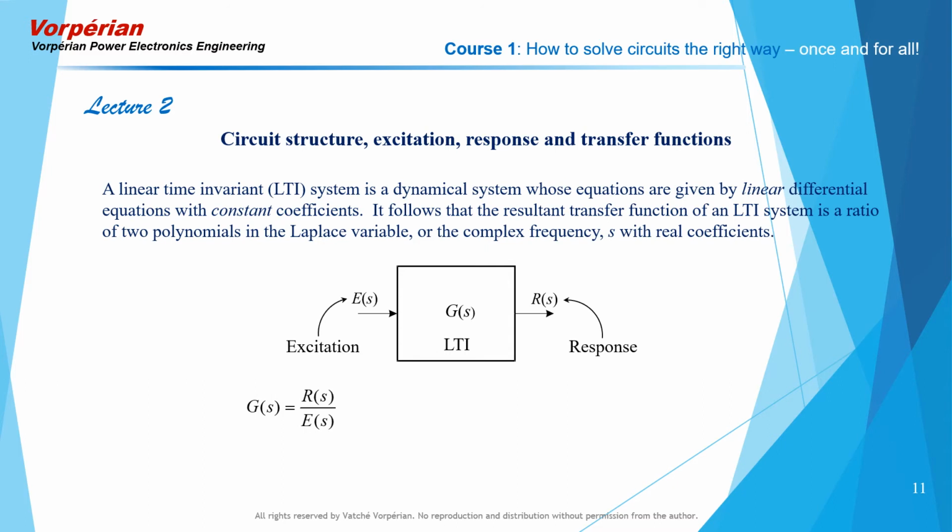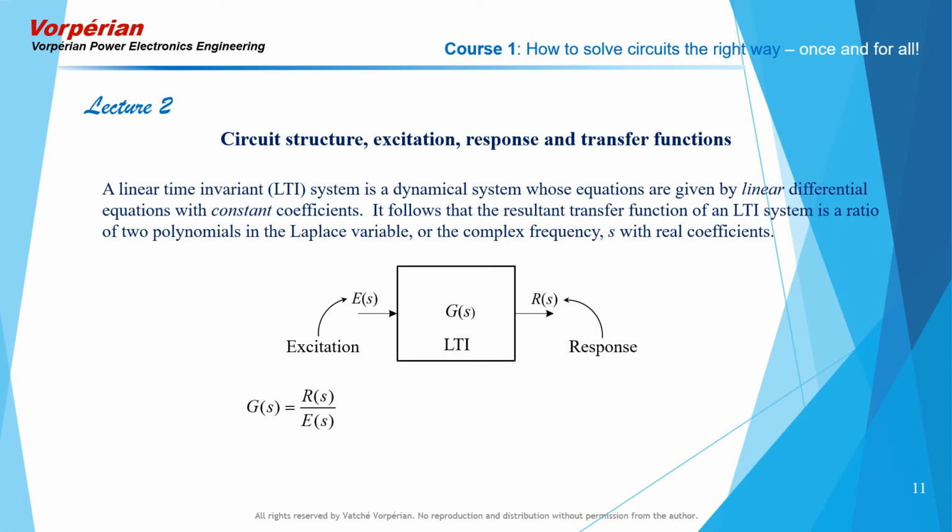Now you learned in your system theory class that a linear time invariant system is a dynamical system whose equations are governed by linear differential equations with constant coefficients, from which it followed that the resultant transfer function is the ratio of two polynomials in the Laplace variable or the complex frequency s with real coefficients.